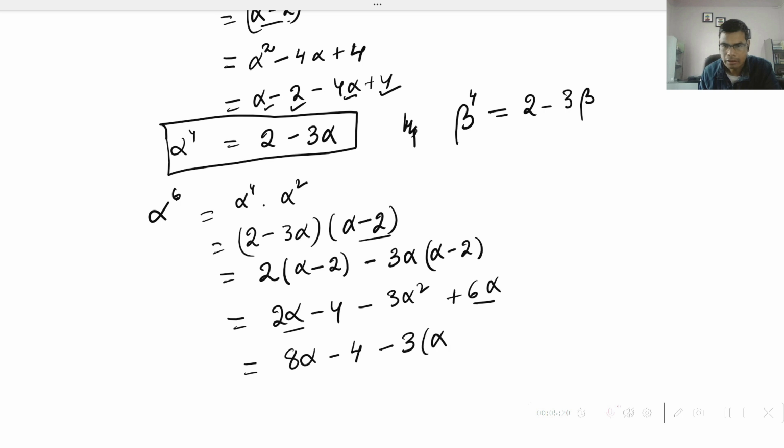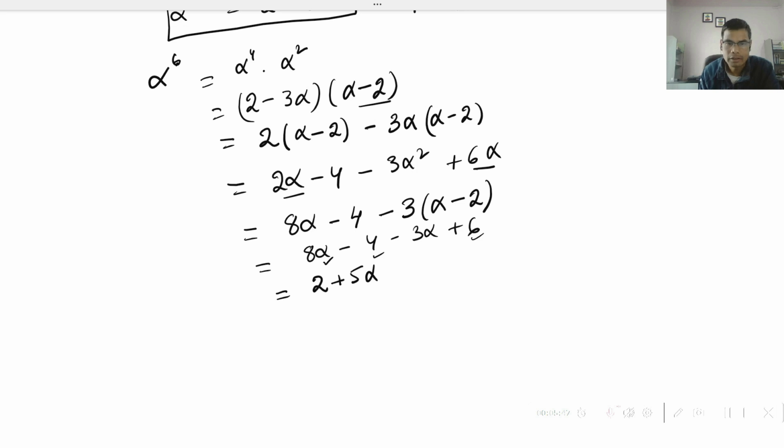Again, alpha square is alpha minus 2, so this is 8 alpha minus 4 minus 3 alpha plus 6. Combining, minus 4 plus 6 is 2, and 8 alpha minus 3 alpha is 5 alpha. So alpha to the power 6 is 2 plus 5 alpha.